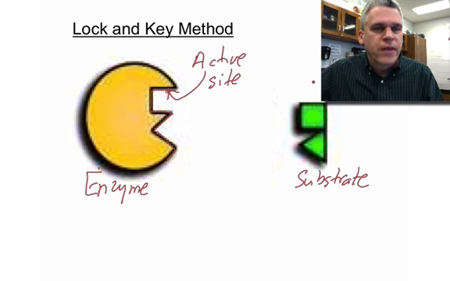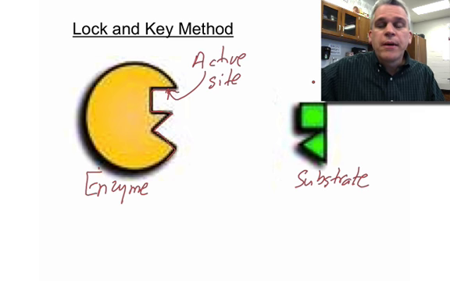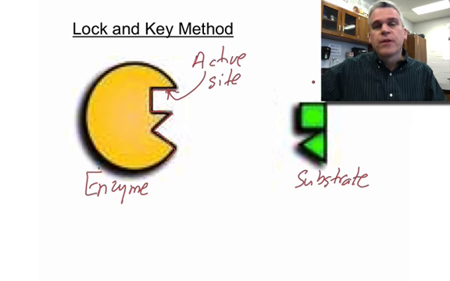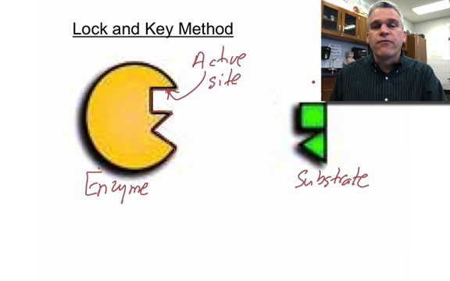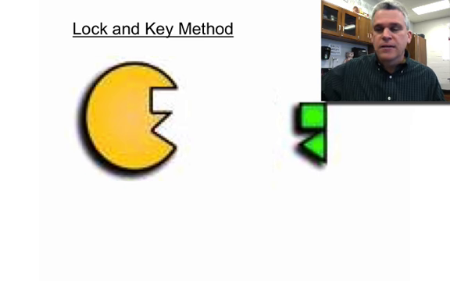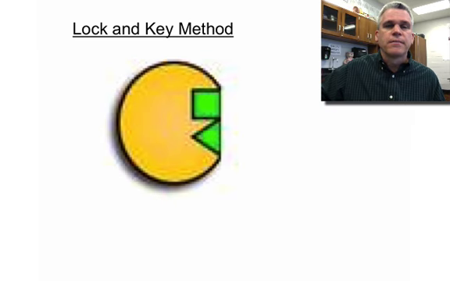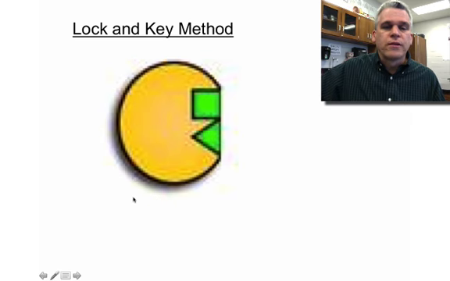Now that has a very specific shape to it, and if you take a careful look, the shape of the substrate is complementary to the shape of the active site. So the enzyme can grab that substrate and it'll fit right in the active site. And when that happens, we have what is known as an enzyme substrate complex.